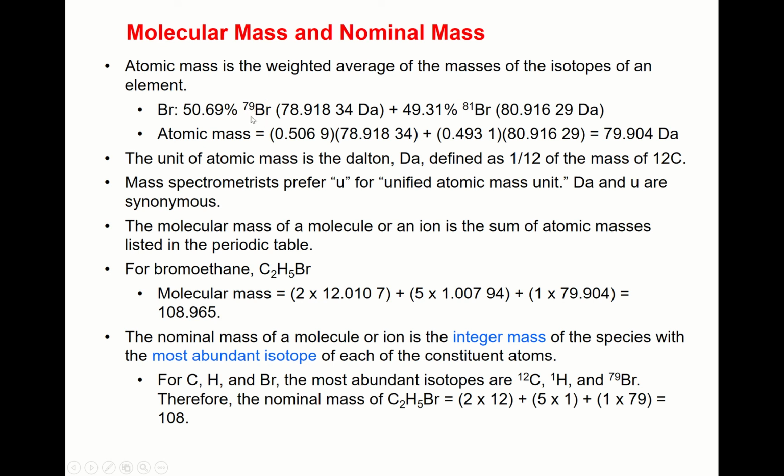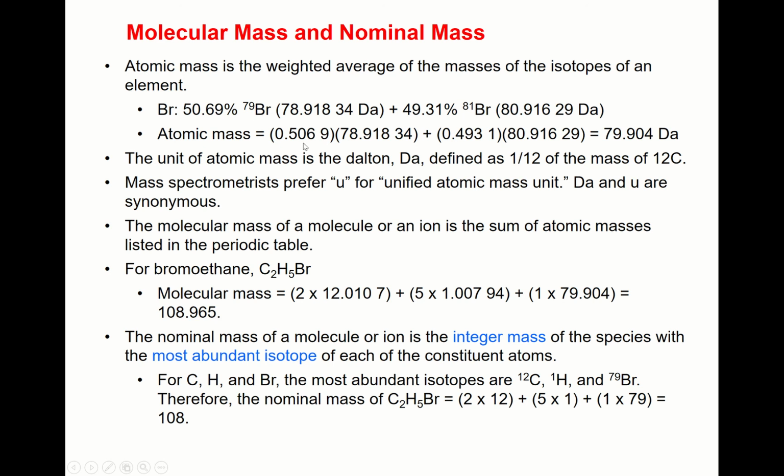Okay, and this mass number 79 bromine atom takes 50.69%, and mass number 81, the exact mass is given here, takes 49.31%. Okay, so when we take bromine atoms, it contains these two isotopes.